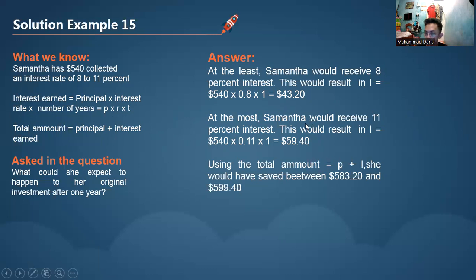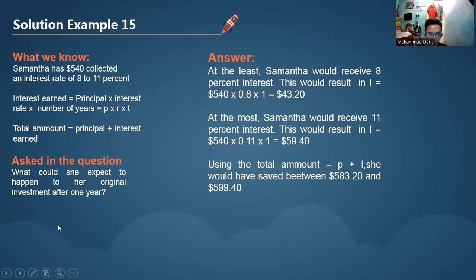At the most, Samantha would receive 11% interest. This would result in interest equal to 540 times 0.11 times 1, which is equal to $59.40.